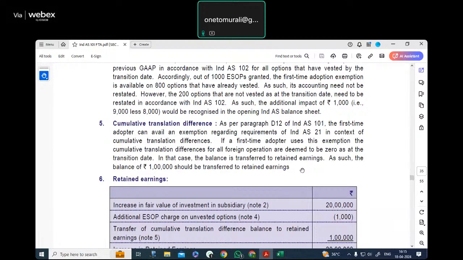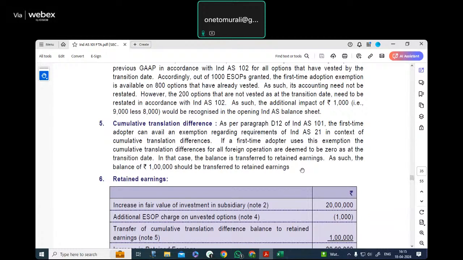As per para D12 of Ind AS 101, the first-time adopter can avail an exemption regarding the requirement of Ind AS 21 in context with cumulative translation difference. What is it that we have? If a first-time adopter uses this exemption, the cumulative translation difference of all foreign operations is deemed to be zero.